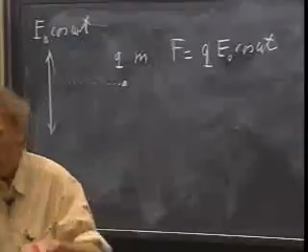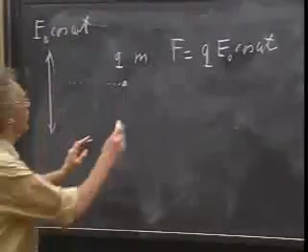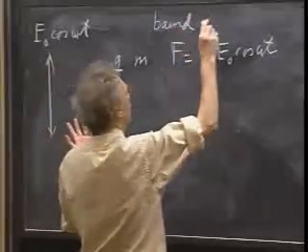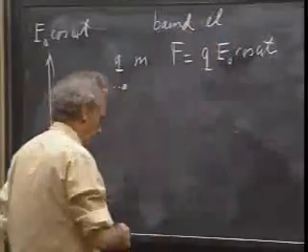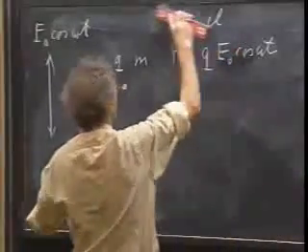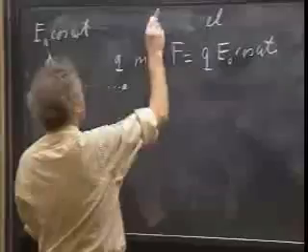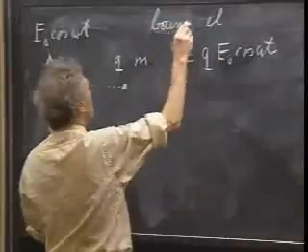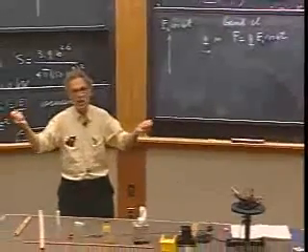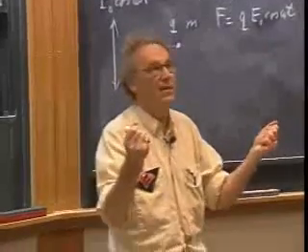Now I do this for bound electrons. So these electrons are bound in an atom or in a molecule. So when you try to move them away from equilibrium, they don't like that. They experience a restoring force because of the Coulomb interaction in the atom, and they want to go back.